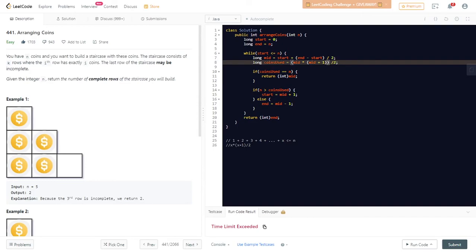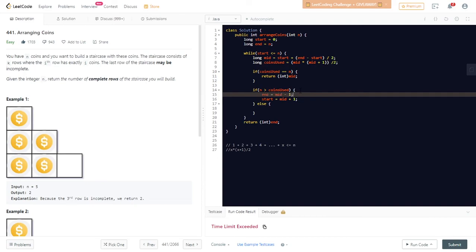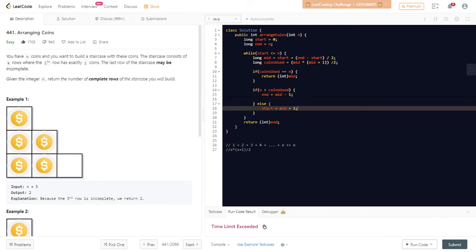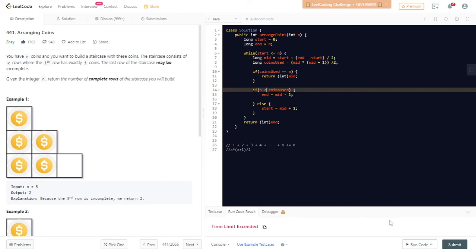If coins in is less than coins used, then we would do this, else we would do this.